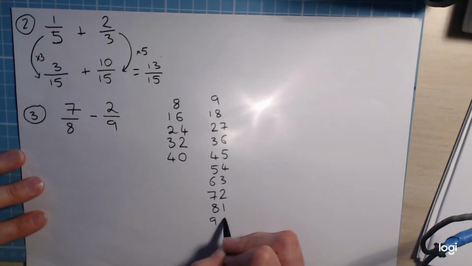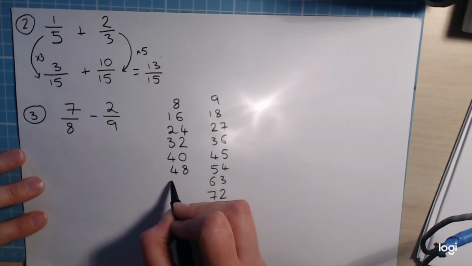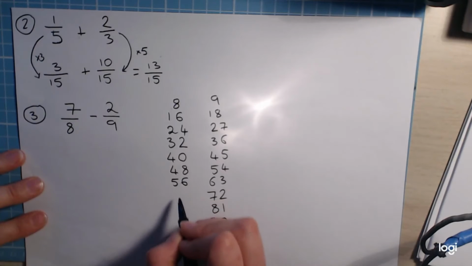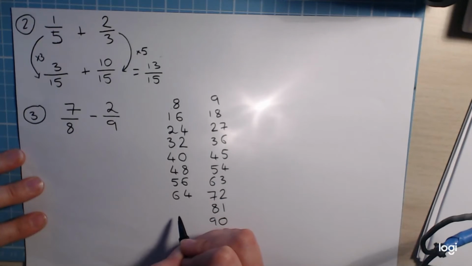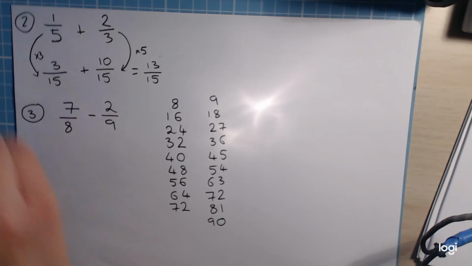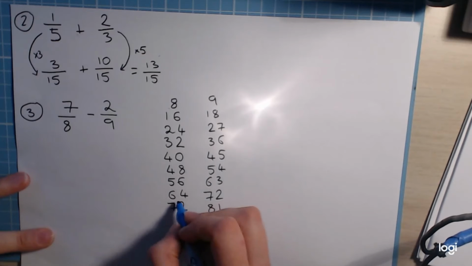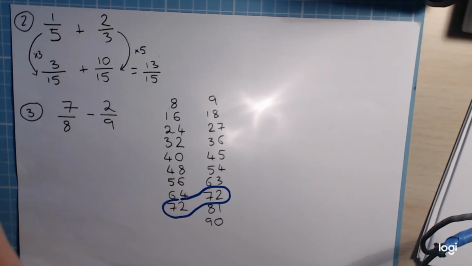Go all the way up to the 90 to my times by 10. Let's carry on this side then. 48, 56, 64. Goodness me, 72. There we are, we found it, 72. Forgot maths for a moment then. Okay, so our lowest common multiple is 72.